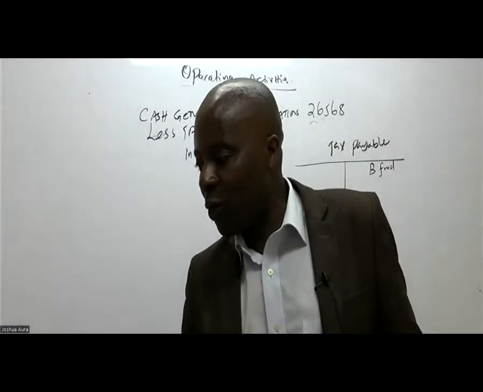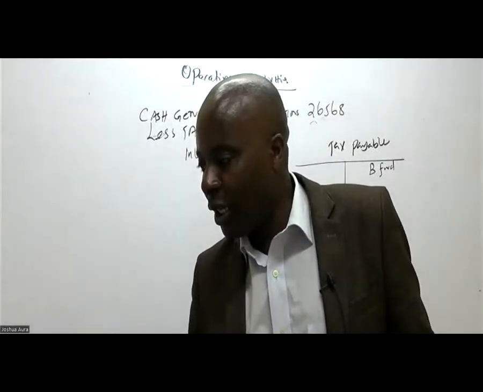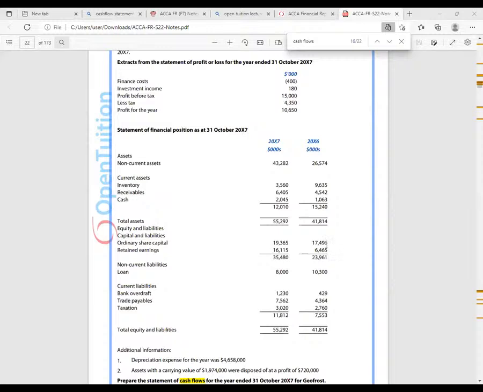If you look at this question very keenly, the tax brought forward for 06 is 2760. And then we have the tax carried forward into the next year, which is 3020.